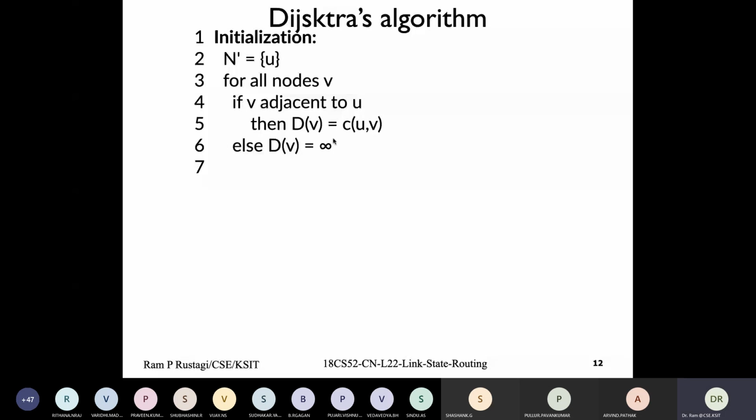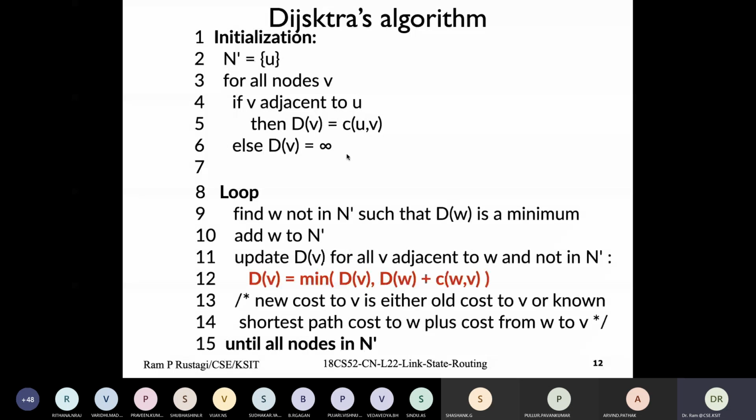In initialization, we initialize my distance vector dv. For all the edges, I define it to be the edge cost, and if there is no edge, I define it to be infinity. Having done this initialization, we run a loop. We look at all those nodes which are not in N prime, where N prime is the set of nodes for whom I have already computed the cost.